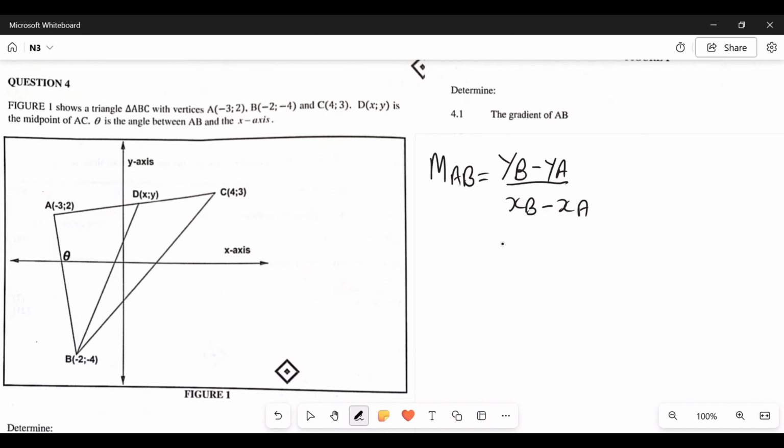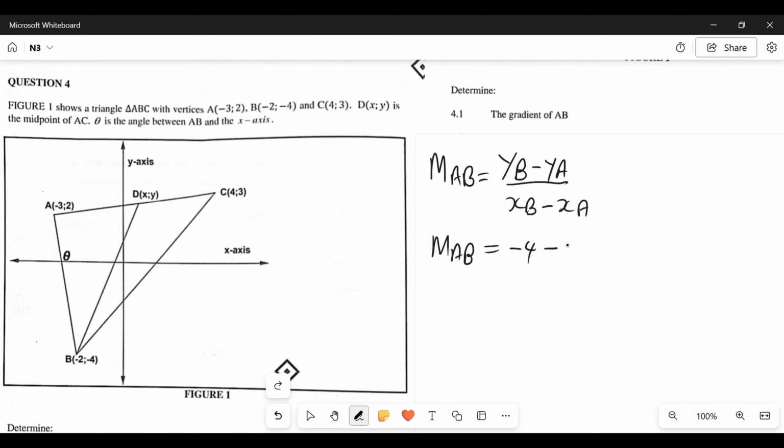So let's start. Remember here, our gradient AB, we know that yB is the y coordinate on the point B. So the y coordinate here, it's -4. So we're going to write -4, right? And then minus yA. yA is the y coordinate on point A there.